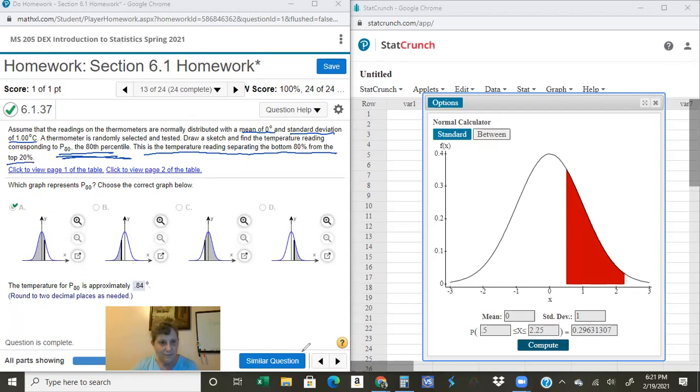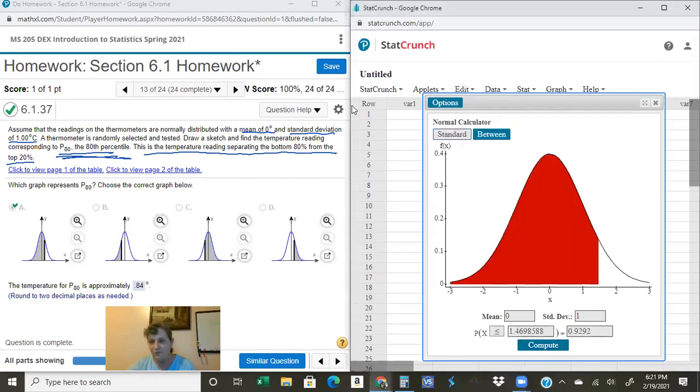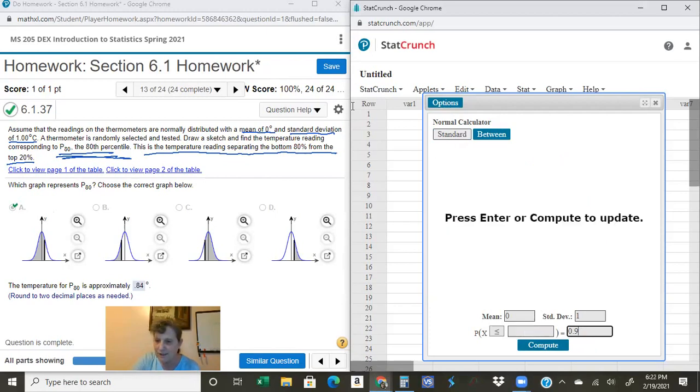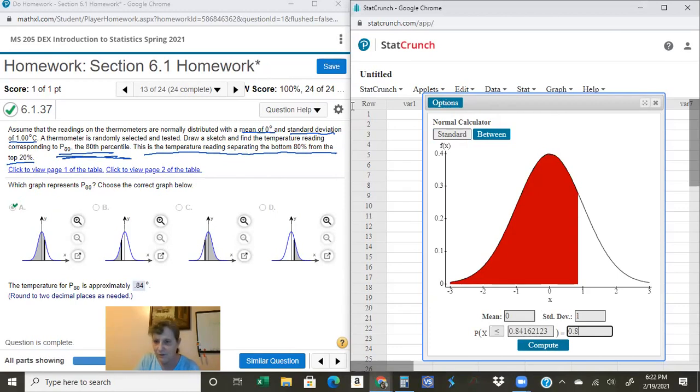So if I come over here, I'm going to put this back for just one reading. In my probability here, I'm just going to put 0.8, same thing as 0.80.